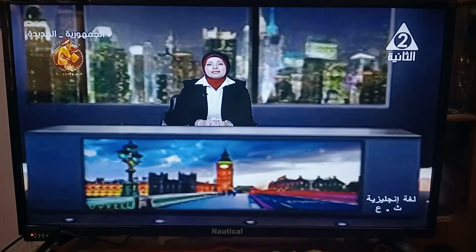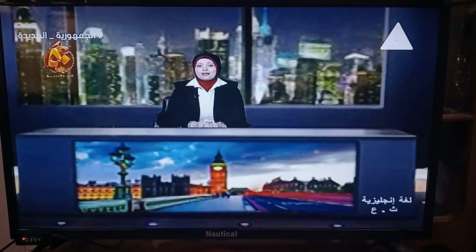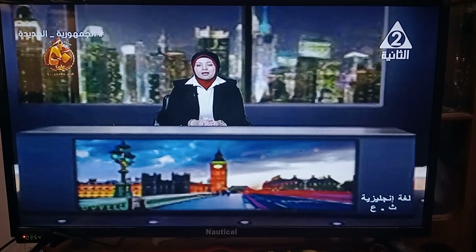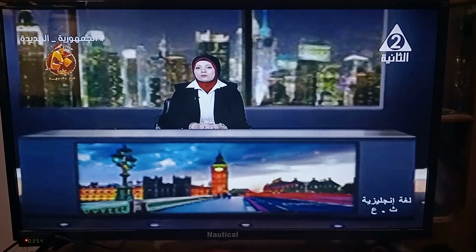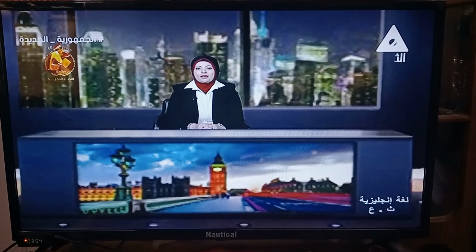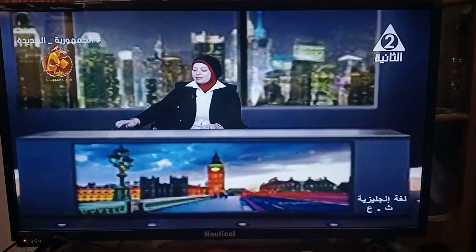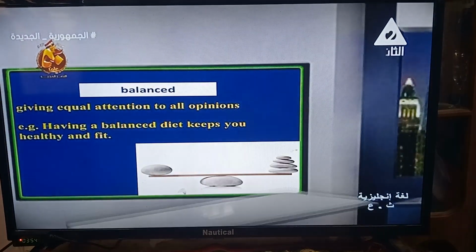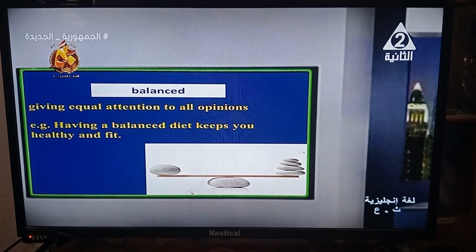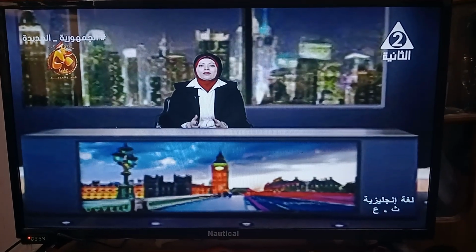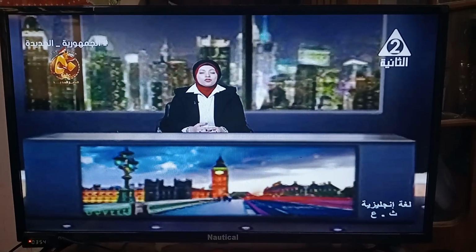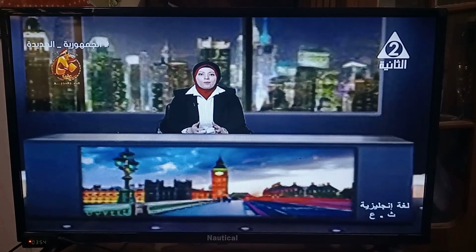Okay, so the first thing to start off with is the vocabulary items of lessons 3 and 4 of Unit 1. Let's read all about it. Okay, the first word we have here is balanced. Of course, it's an adjective, and it means that you give equal attention to all issues or parts.